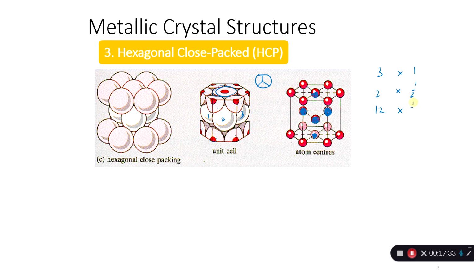Because you have a sphere, first you cut it into 2, top and bottom, and then this is further divided into 3 parts. So that's 1/6 of an atom. So here is 3, this is 1, and here is another 2. So a total of 6 equivalent atoms are involved.